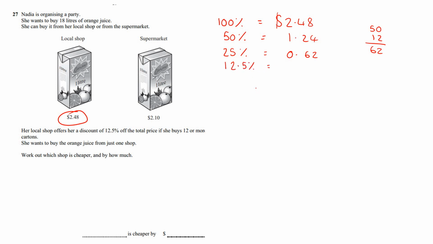It's one of the weird percentages that people don't normally like to work out, but actually half of 25% is 12.5%, and that makes it quite easy to do. All right, so we get 31 cents is the saving per carton. So we'll have $2.48. We're going to take away the 31 cents, and we'll end up with $2.17 per carton at the local shop.